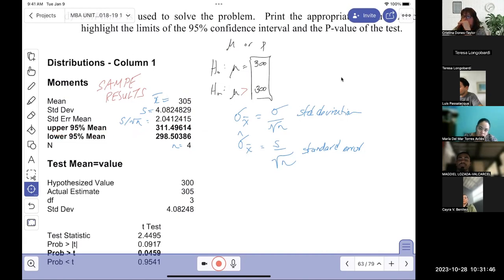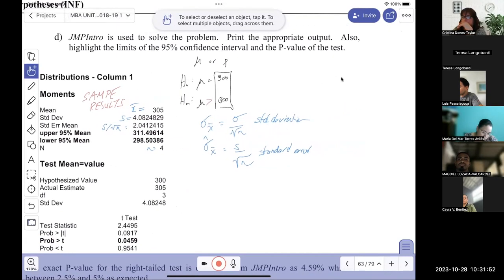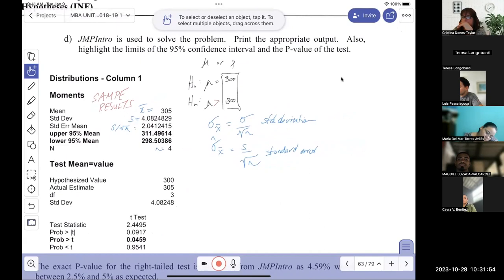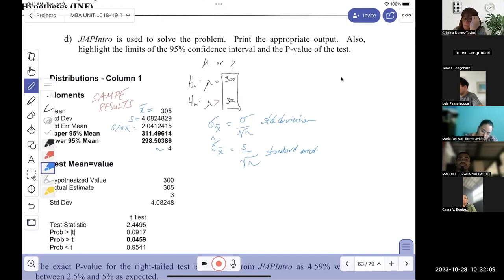Upper 95. That should be the upper limit of the confidence interval. Right. So these are all the statistics. These are the sample results.